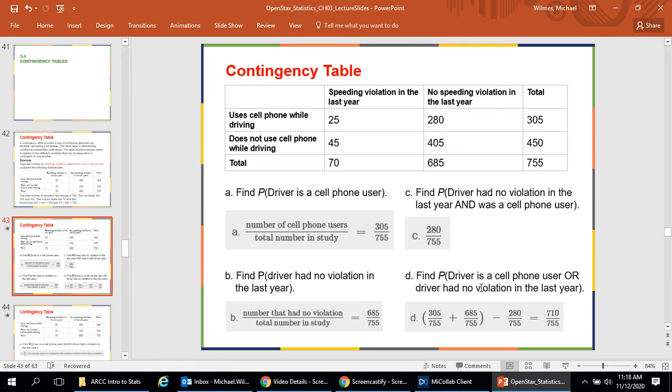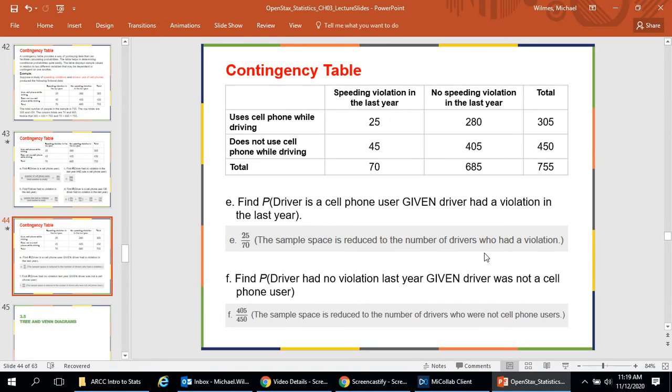Then we add the driver had no violation last year, 685 over 755. We add those together, then we subtract the intersection, cell phone user and no violation, 280 out of 755, and we end up with 710 over 755. Whenever we have the or situation, we follow this: adding the probabilities and subtracting the intersection. Next, we'll go with some conditional probabilities.